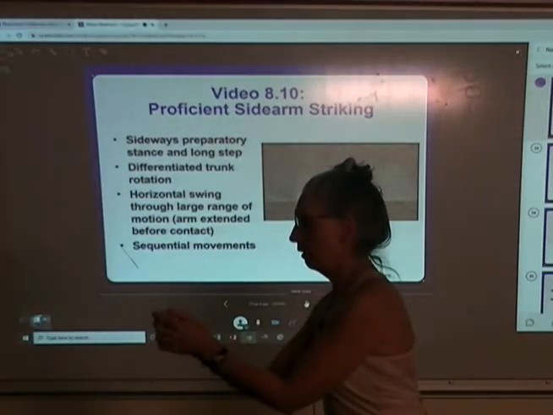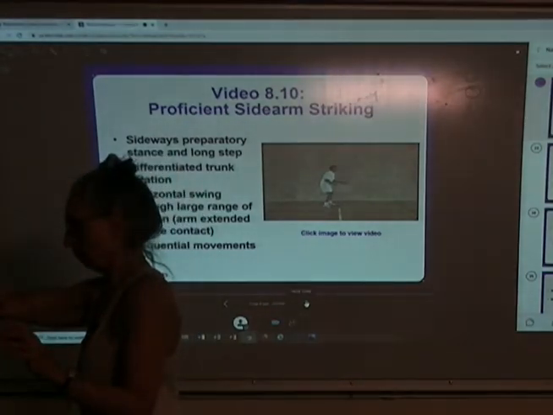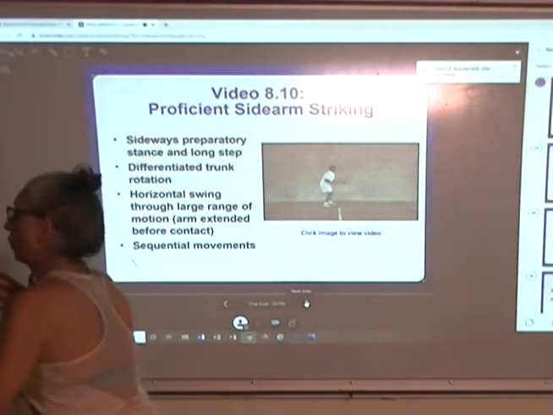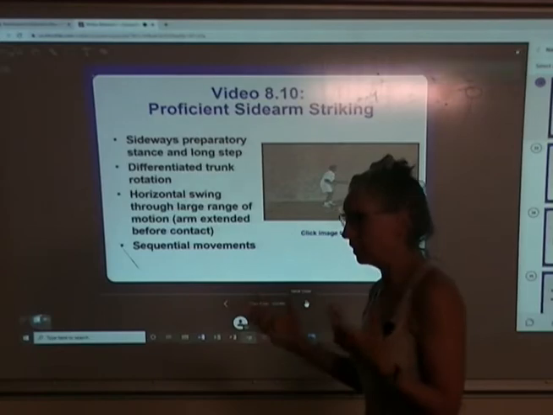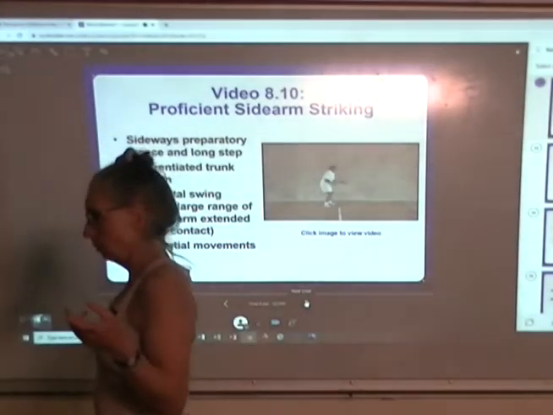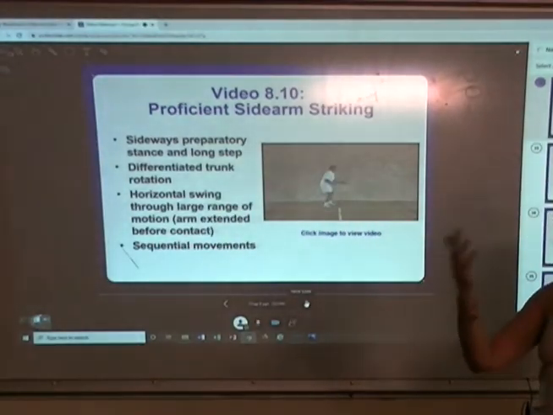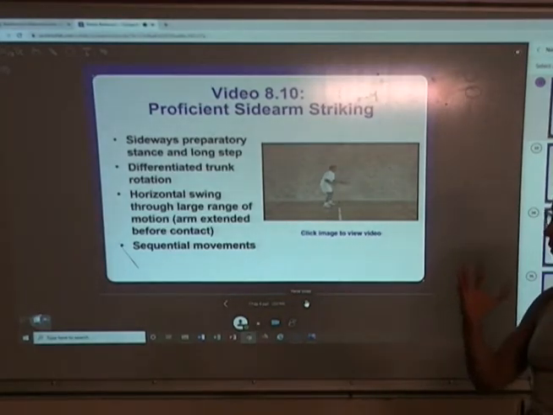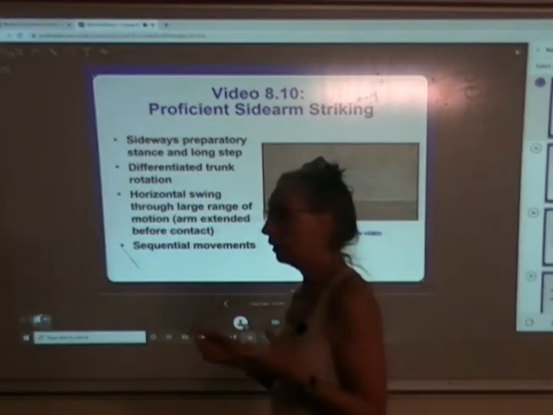So from here, step, sweep, right? And that was how you hit a tennis forehand. And basically the same with a backhand. Step, sweep, right? And if you watch tennis players at that point in time, so in the early 70s, that's what forehands and backhands mostly look like, right?